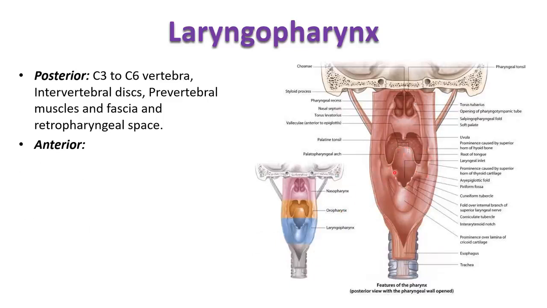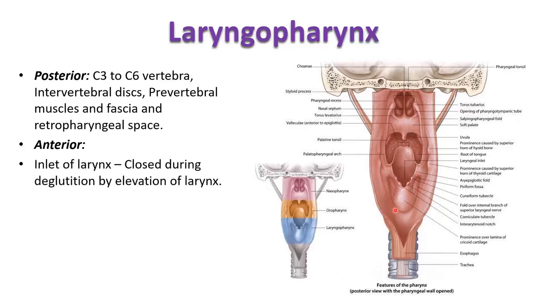Here you are able to see the inlet of the larynx. The laryngopharynx starts from the upper border of the epiglottis. The inlet is bounded by the epiglottis, by the arytenoid cartilages, and by this fold of mucous membrane called the aryepiglottic fold, and inside that the aryepiglottic muscle is present. Now this inlet is closed when the food or bolus passes through the laryngopharynx.